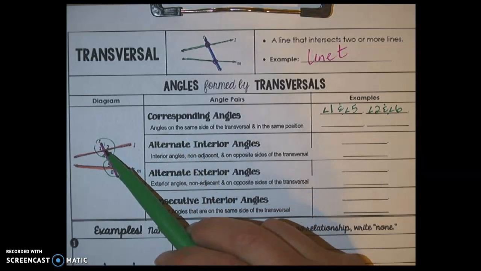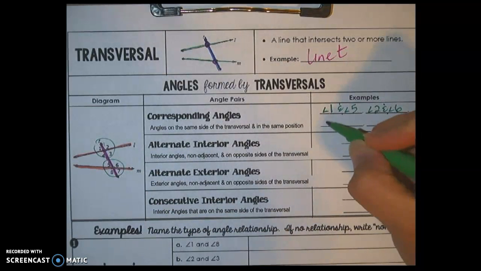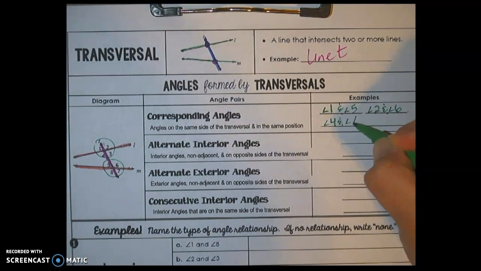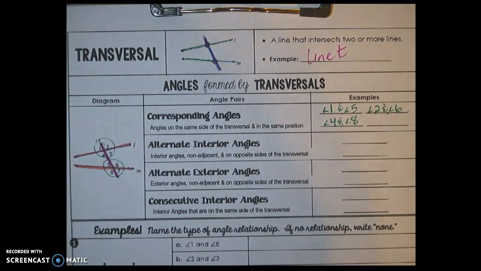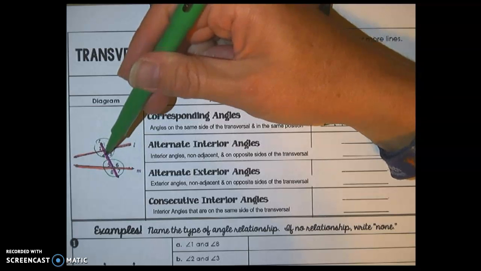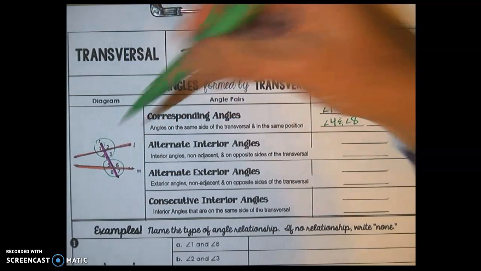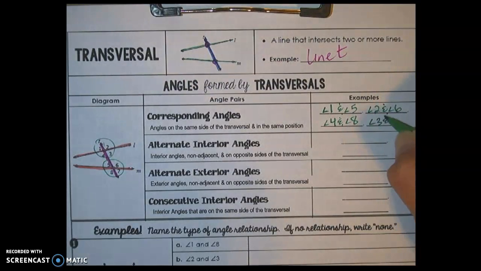Then we want to go to the left and below. Angle 4 is to the left and below, and so is angle 8. So angle 4 and angle 8. And then lastly, to the right and below is angle 3 and to the right and below is angle 7. So angle 3 and angle 7.